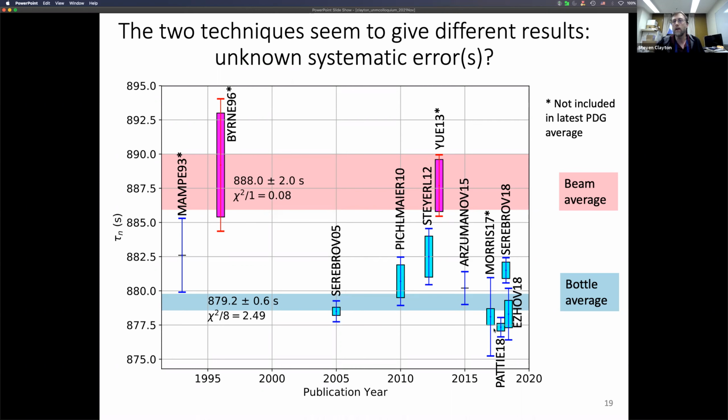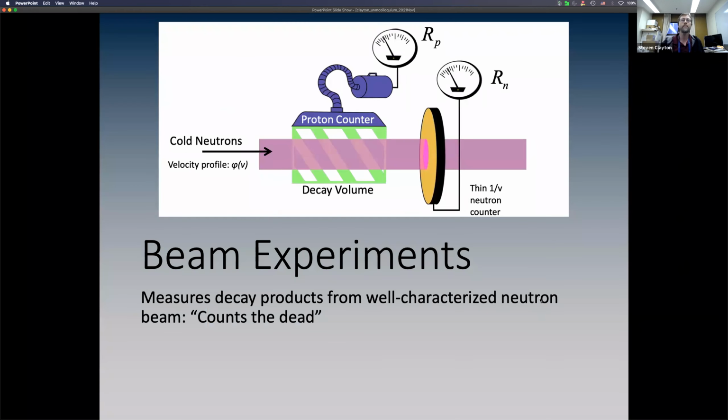These two are our Los Alamos experiment. Basically, this was our commissioning data, so we didn't suggest that they include it in the average. It doesn't have much pull anyway with the error bars. And then Patty 18 is our first physics result from our neutron storage experiment that I'll show a little bit later. So basically, this is the puzzle, and something that has to be resolved at this point.